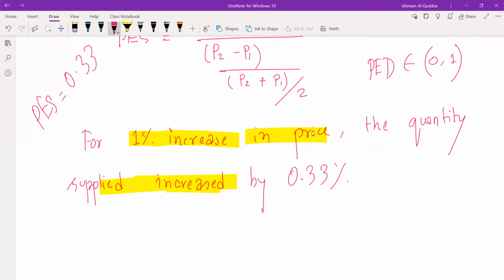Likewise, if there's a decrease in price, then the quantity supplied declines or falls. So price goes up, quantity supplied also goes up. Price goes down, quantity supplied goes down. So that's why supplied increased by.